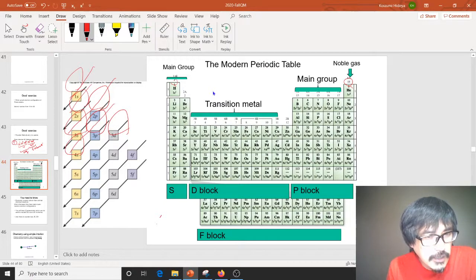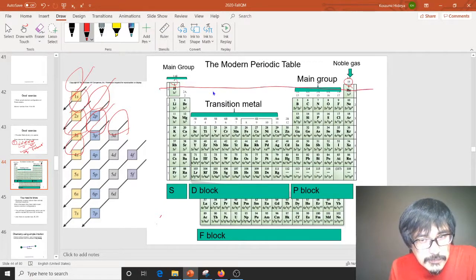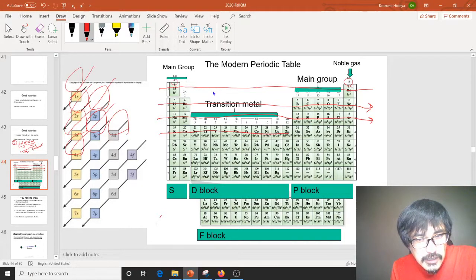So 1s, 2s, 2p, 3s, 3p, 4s, 3d, 4p, 5s, 4d, 5p, 6s, 4f, coming back, and then this one is 5d, and then 6p.